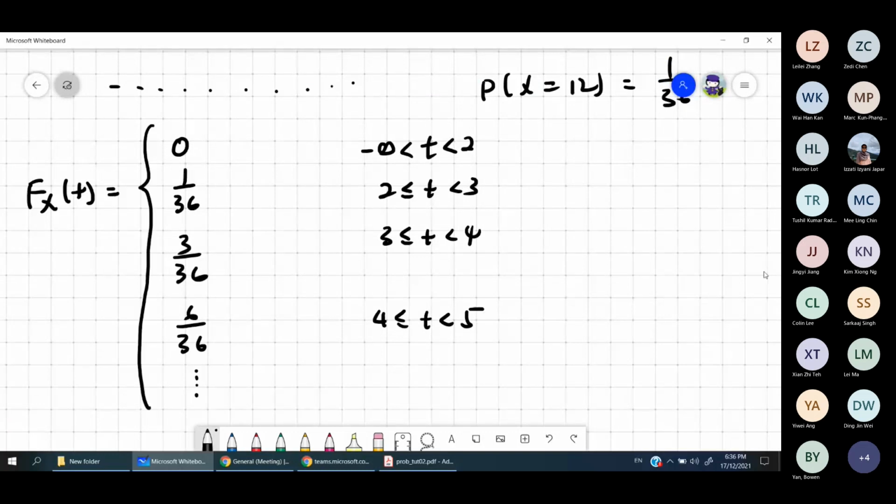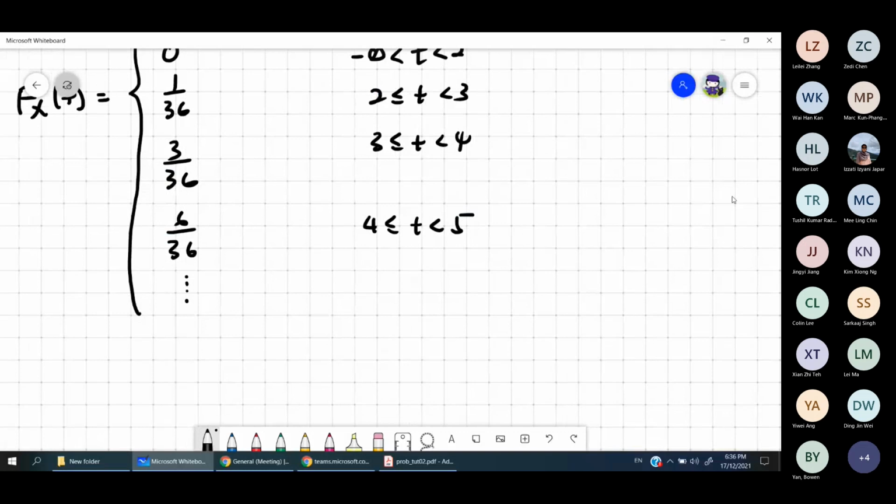You have another one, 5 to 6, 6 to 7, and so on until the very last one, that is 11 to 12. I think when 12 onward, you will get 1. So the second last should be 35 over 36.